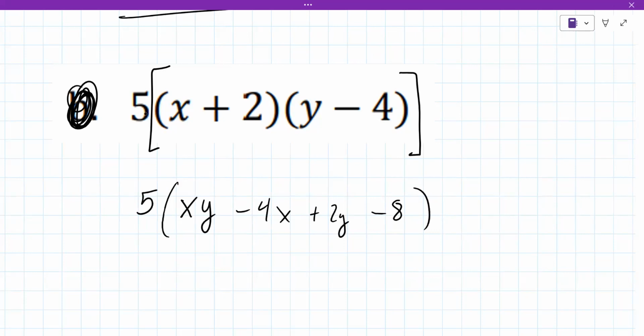Would it be 10y minus 40 plus 5xy minus 20x? It is, yeah, very good. Your FOIL was kind of in an odd order. It does not have to be FOIL, that's just the standard. So just keep that in mind.